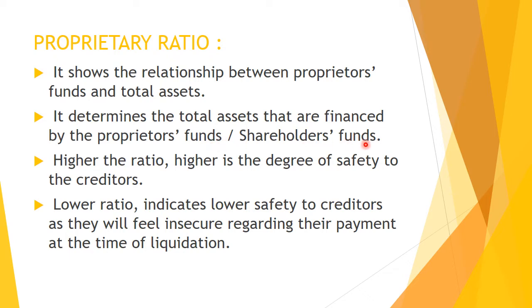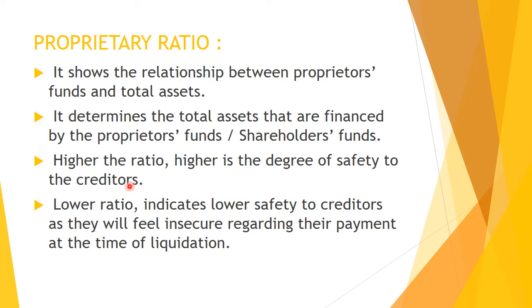Higher the ratio, higher is the degree of safety to the creditors. That is, if more proprietors' fund is there, you have got more share capital, the degree of safety is higher for the creditors. Creditors means whom? The ones who lend us money. And lower is the reverse. It indicates lower safety to the creditors as they will feel insecure regarding their payment at the time of liquidation. Liquidation means what?